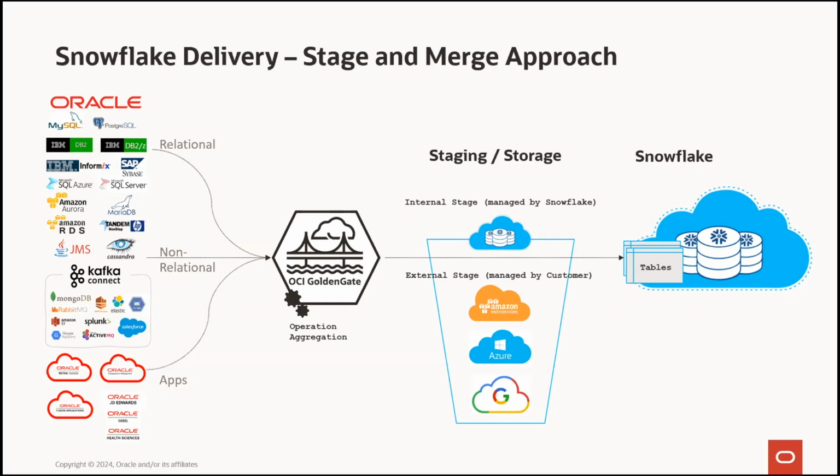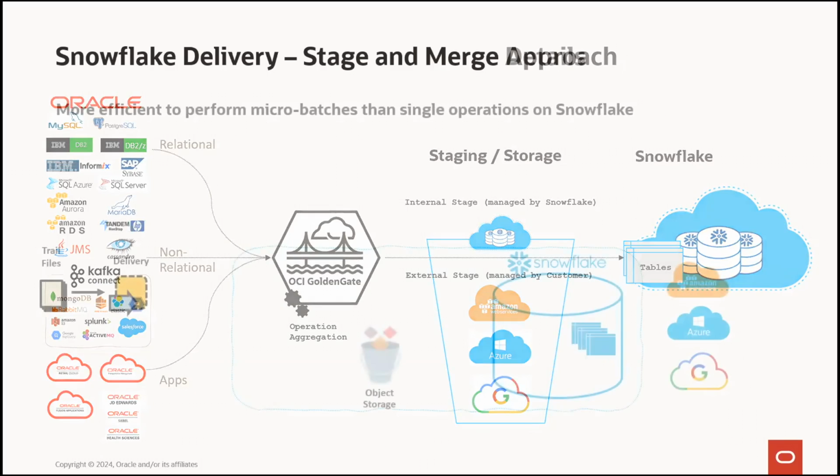And then the data is finally merged into Snowflake. That's typically what gives you the best performance when it comes to loading cloud data warehouses. So that's valid for Snowflake, that's valid for Redshift, BigQuery, Synapse Analytics, and other cloud data warehouses that we support with OCI GoldenGate.